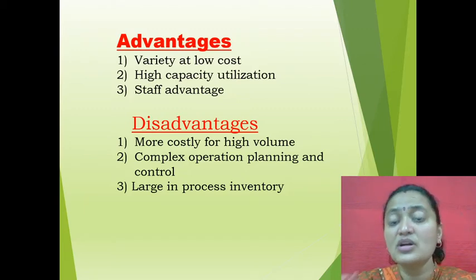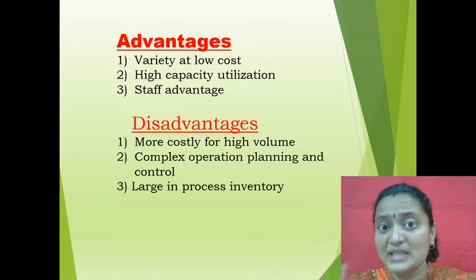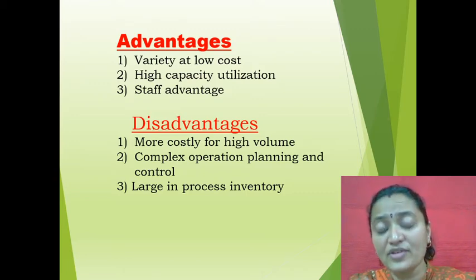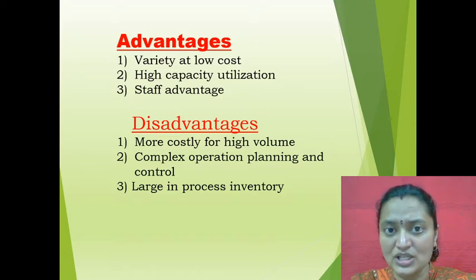So that is what high capacity utilization is. Now in this intermittent production system, the capacity utilization is more, meaning they can try to make more use of the capacity. The next one is staff advantage. Now what do you mean by staff advantage?